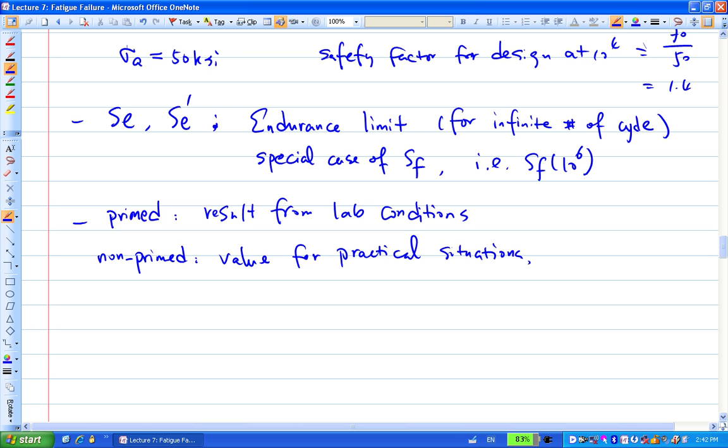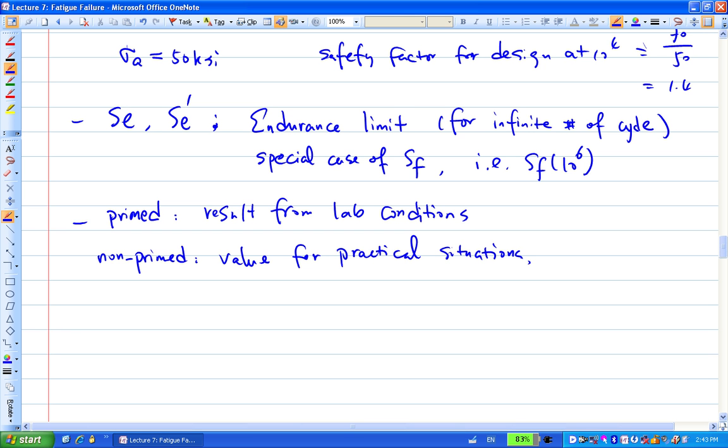Practical meaning here's a part, anything. It's larger than the lab machine, or smaller, doesn't matter. And it's in the natural environment at certain temperatures. That's the non-prime value here.